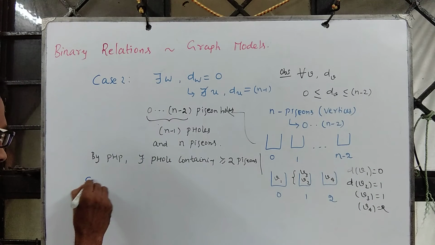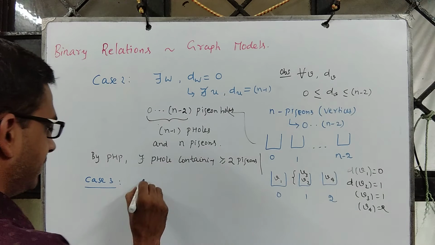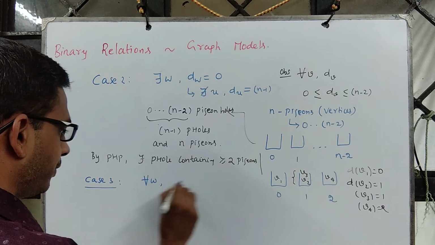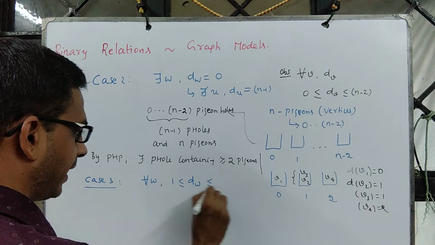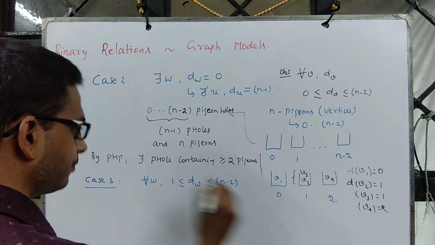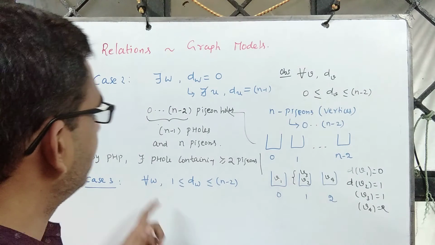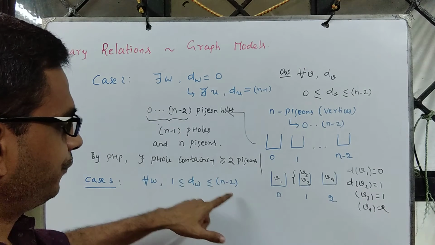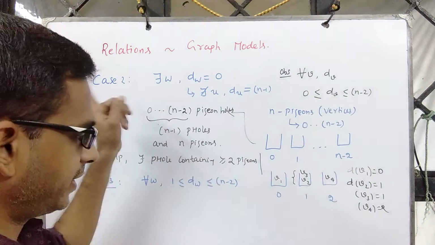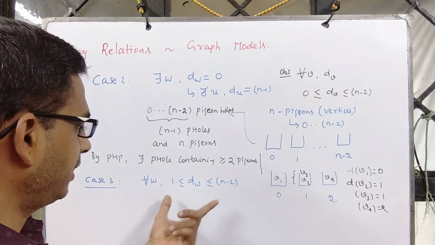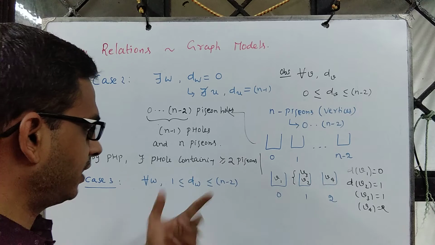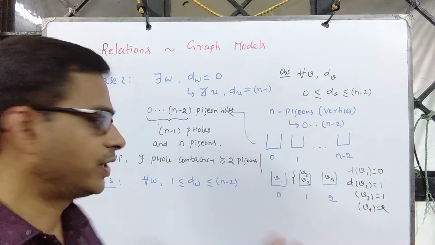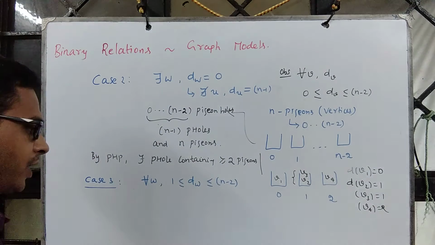Fine. So on the similar line, let's look at case 3. Case 3 says for all w, degree of w is between 1 and n minus 2. If it is 0, it is taken care of here. If you find a vertex of degree n minus 1, it is taken care of in case 1, which means when you come across this case, then the range of degree is from 1 to n minus 2.